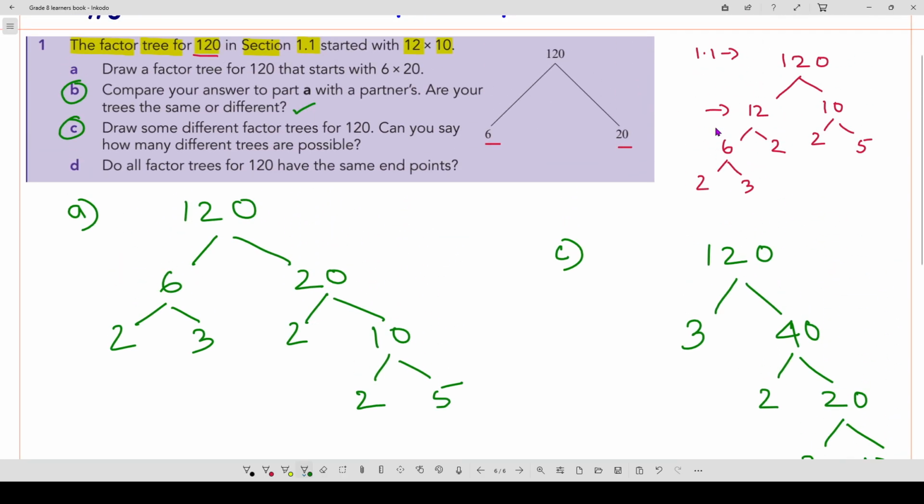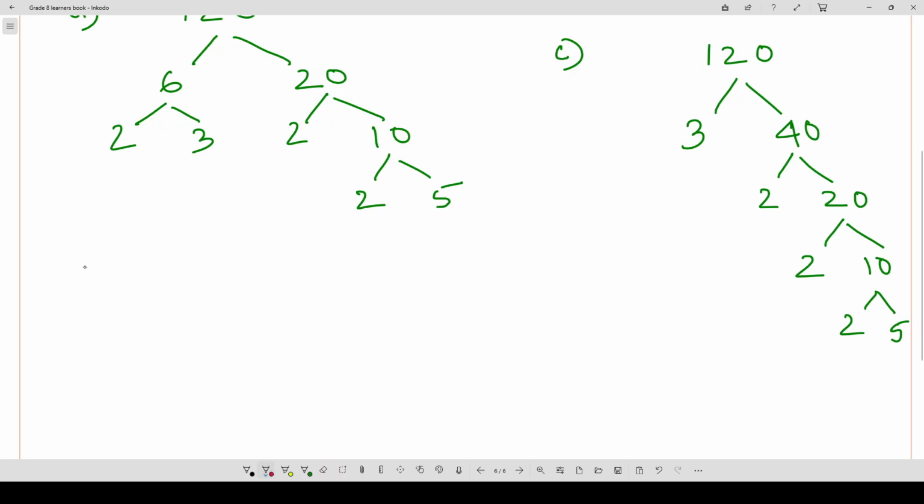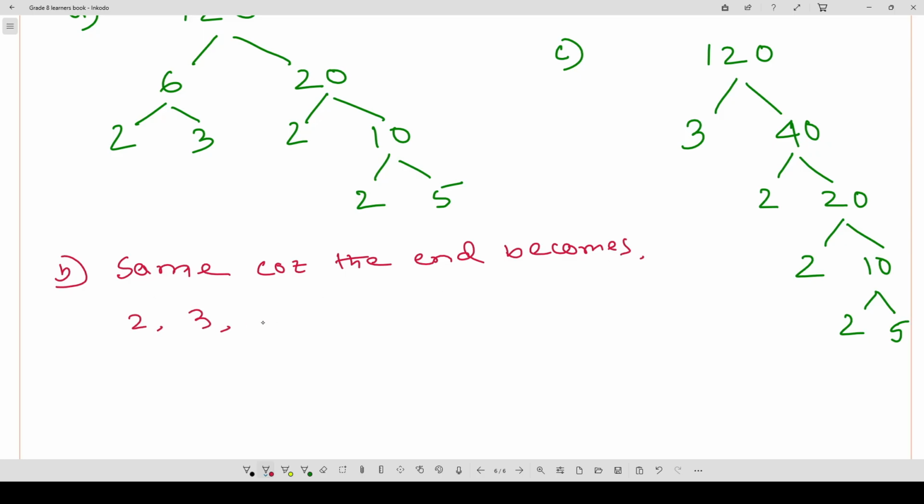Now if we summarize, first we have to compare your answer to part A with partners. Are your trees the same or different? The question B answer is the same, because the end becomes 2, 3, 2, 2, 5.